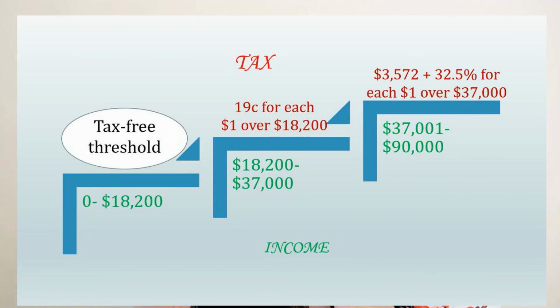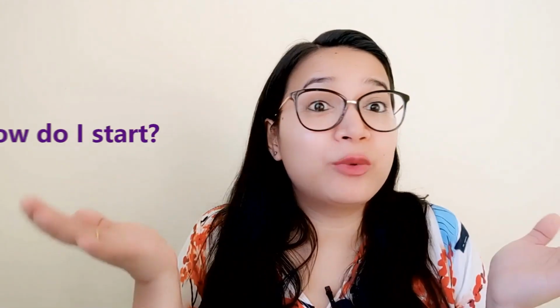Now, the last category that's relevant to us is income between $37,001 to $90,000. For this one, the tax that we pay is $3,752 plus 32.5% for each dollar earned above $37,000.